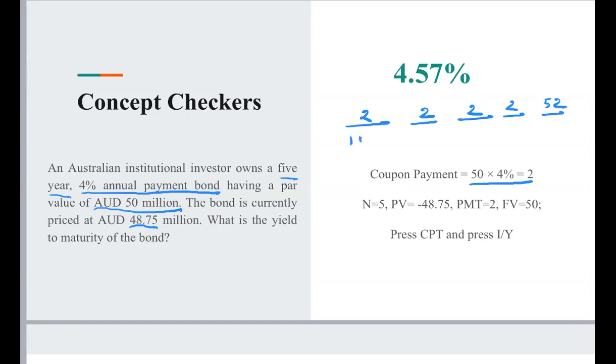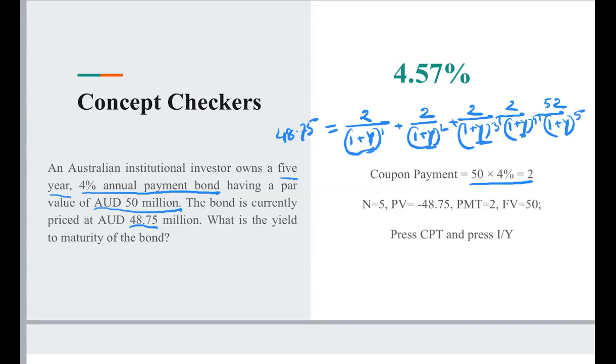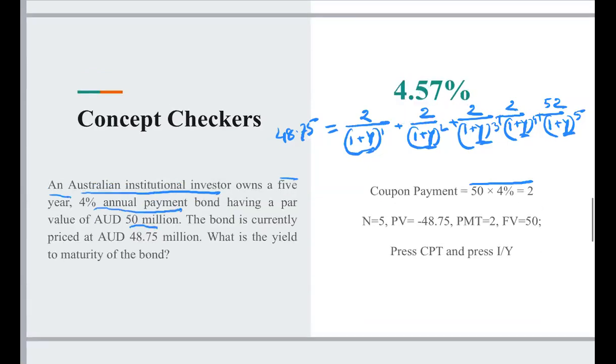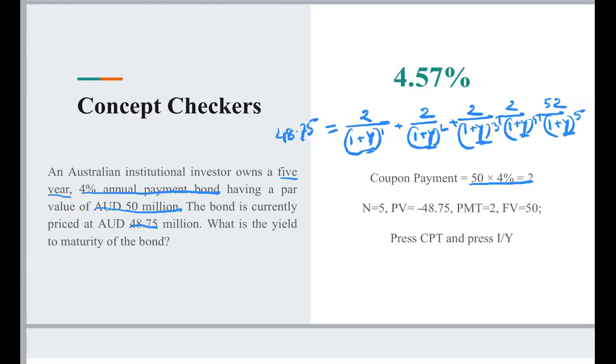If we discount all the cash flows at such a rate that the price of the bond will be equal to 48.75, so if we try to solve this Y in a trial and error method, then the Y that equates the present value of all these cash flows to 48.75 is the YTM. This is also called the internal rate of return.